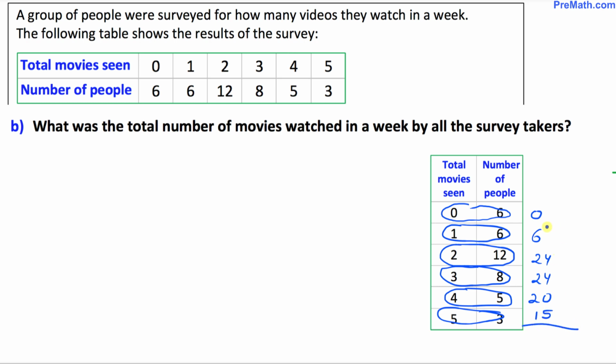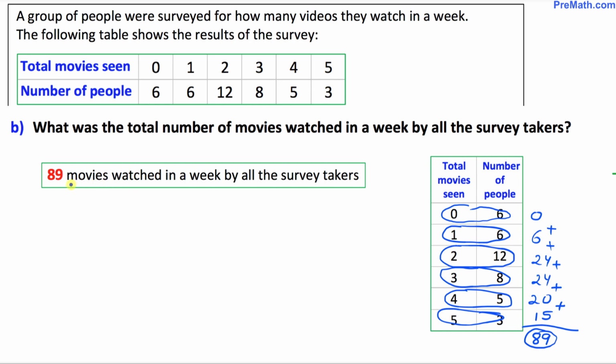And now we are going to add all these numbers up, and if we add them up, we are going to get a total of 89. So thus there were 89 movies watched in a week by all the survey takers, and that is our answer.